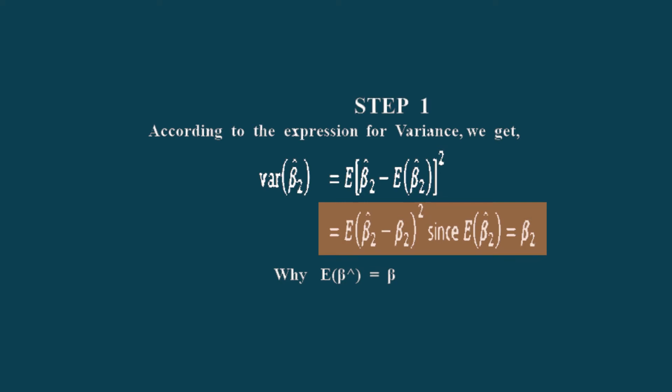Why are we substituting this? Because we have just now proved that beta 2 hat is an unbiased estimator of beta 2, which means that the sample characteristic is basically the true reflection of the population parameter. So we can easily substitute expectation of beta 2 hat equals beta 2.